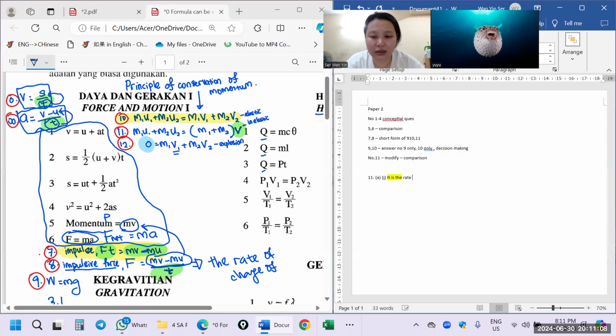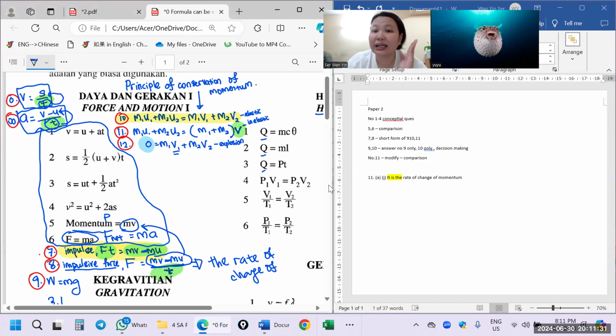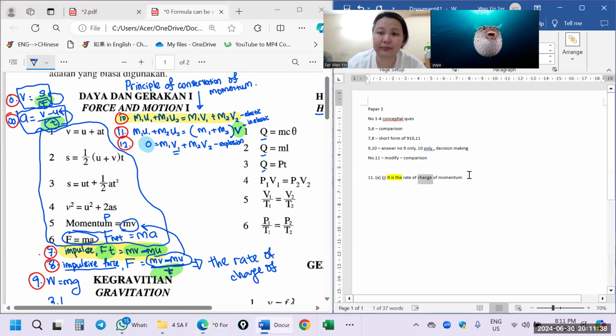Okay, the rate of change of momentum, because MV and MU is momentum. So actually minus also called change, right? So when they ask what's the meaning, what's the definition, or whatever, what is, always start your sentence with 'it is' and 'the'. Alright.